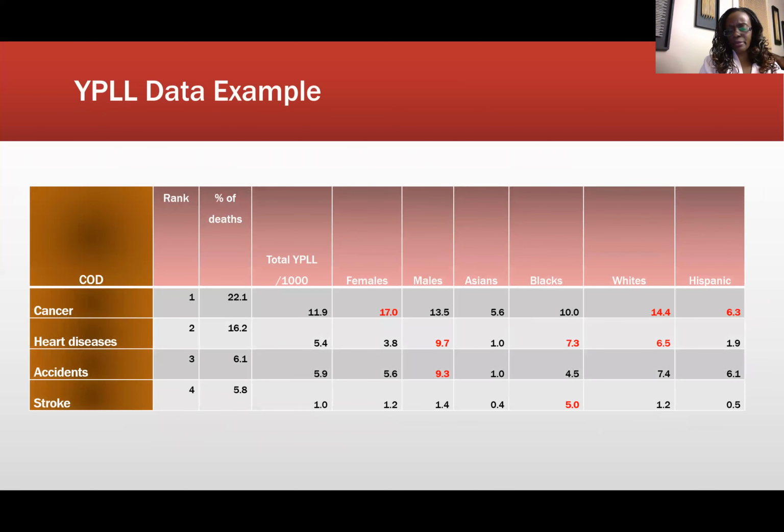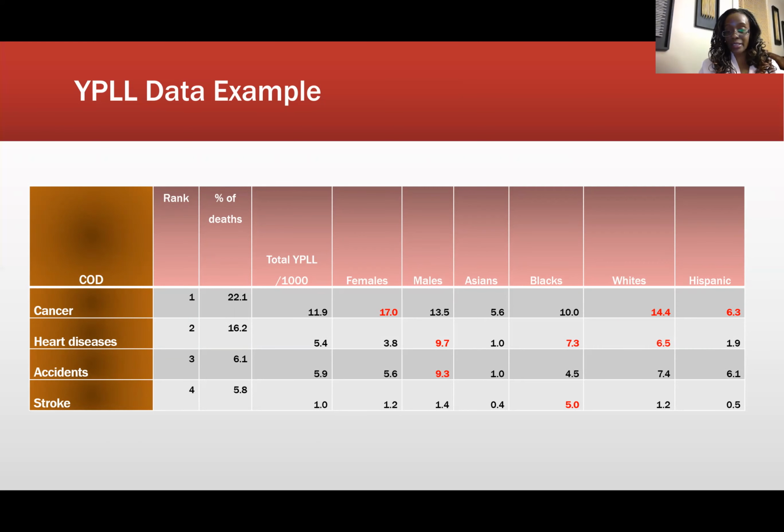Here's a data example, and this is an actual showcase of data that I've worked on at my previous job. When you look at cancer, for example, if you look at males and females, females have a higher cancer YPLL compared to males, so there's an inequity there. But also because females live longer and are more susceptible to chronic diseases compared to males who die more from accidents, which is shown by row 3.